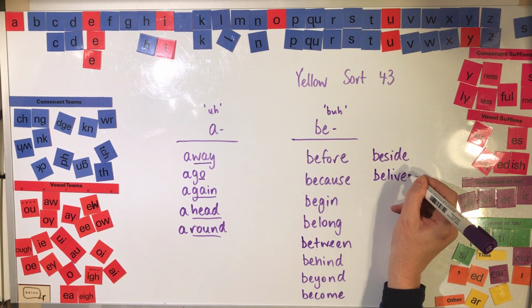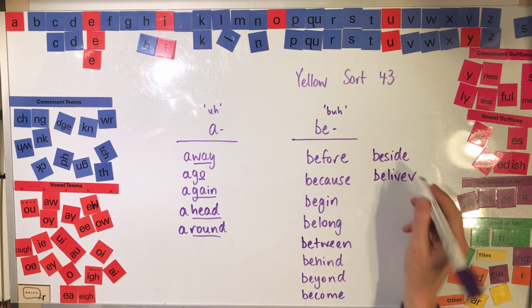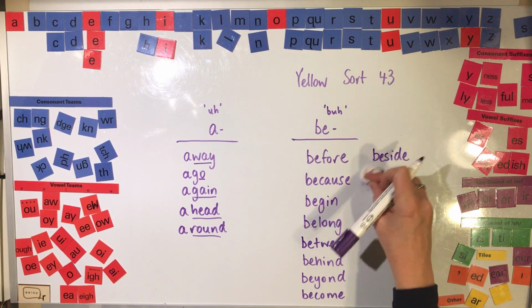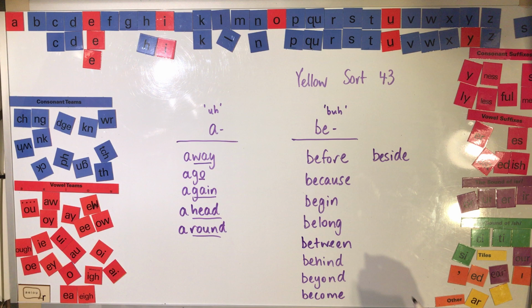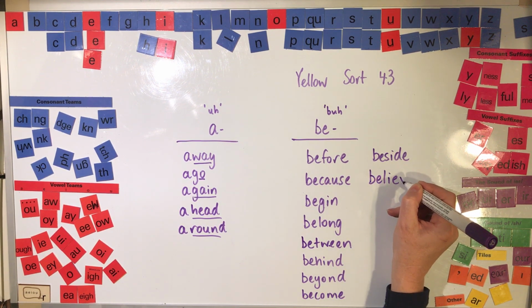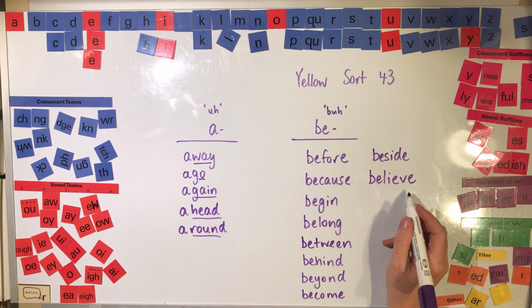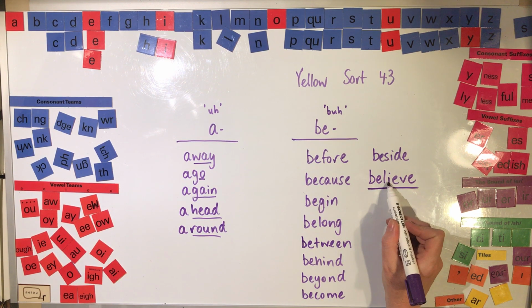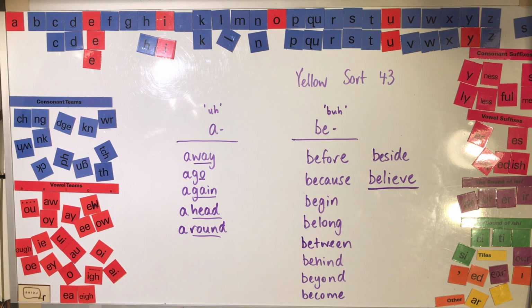I believe in you. What have I done there? Goodness me. That's nothing like the spelling teacher making a spelling mistake. B-E-L-I-E-V-E. Believe. That's a tricky one actually. Not just because I made a mistake, but that's got some interesting spelling patterns in it. So make sure you take notice of that one.